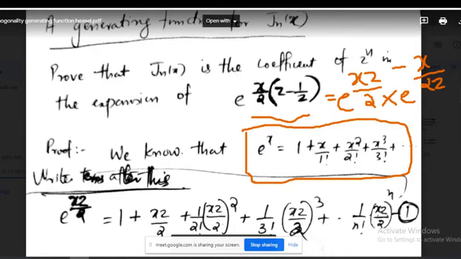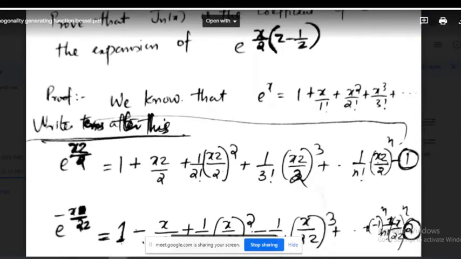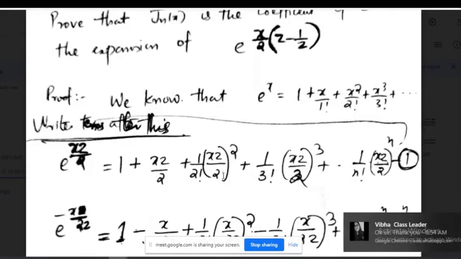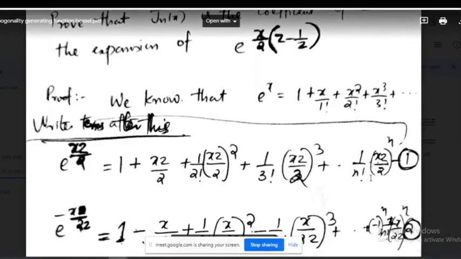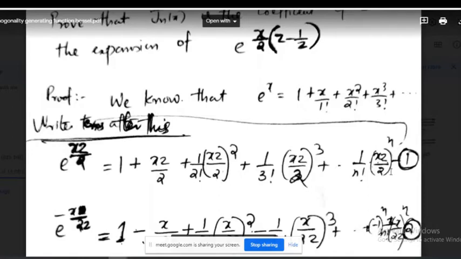So using that I am writing exponential xz by 2 as 1 plus xz by 2 plus 1 by 2 factorial (xz by 2) square, 1 by 3 factorial, and 1 by n factorial (xz by 2) to the power n, that is the nth term, and it continues, it's an infinite series.